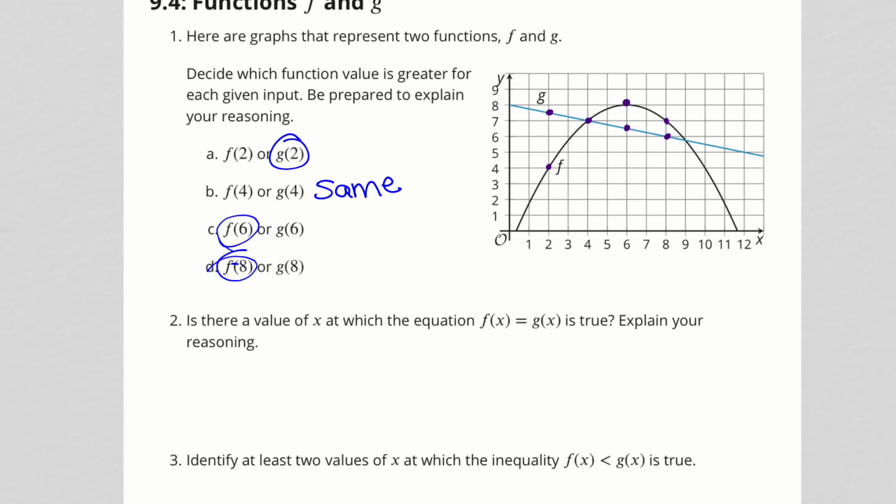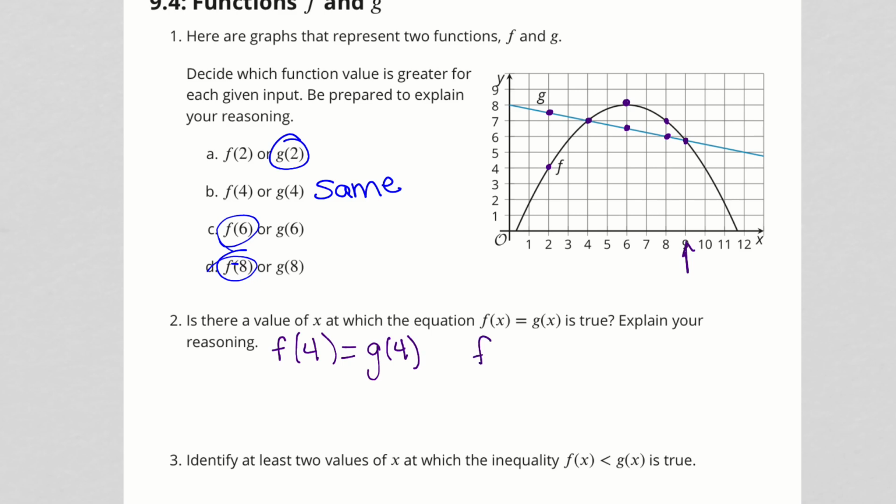Okay, I was confused on how you got that. So for number 2, is there a value of x at which the equation f of x equals g of x is true? Yes. What is that? F of 4 and G of 4. So f of 4 equals g of 4. Is there another place? What is that? 9. So at 9, they intersect again.